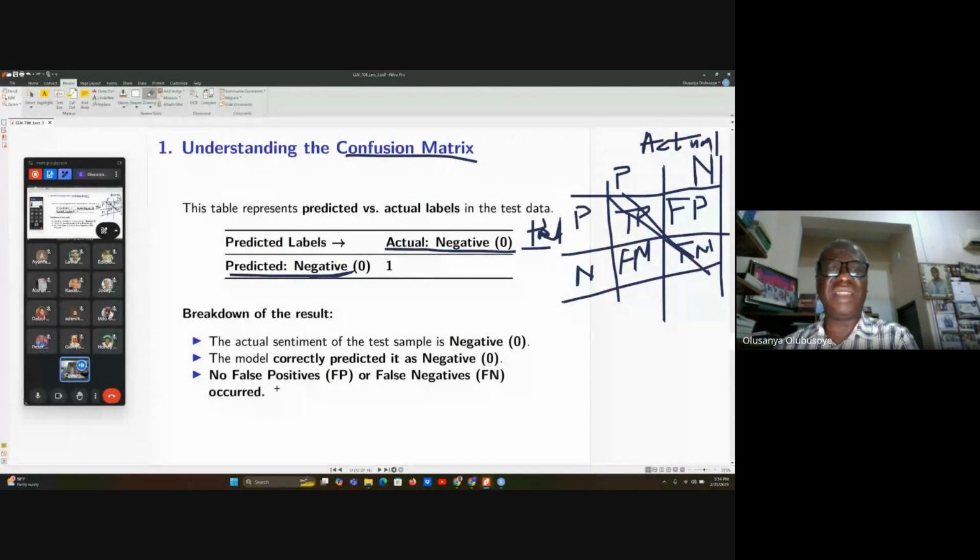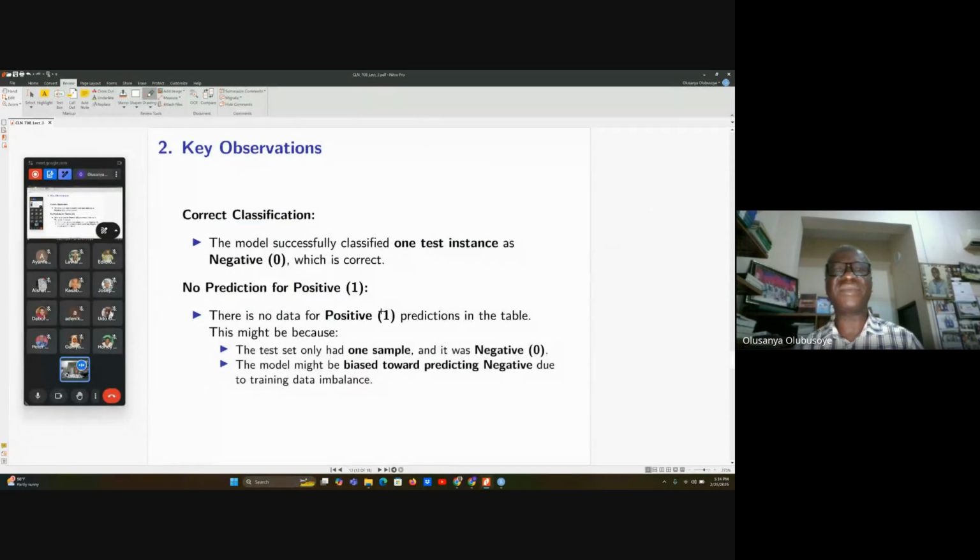In this case, there is no false positive and no false negative. That's what it's saying there. So the model successfully classified the only case in this instance as negative, which is correct.